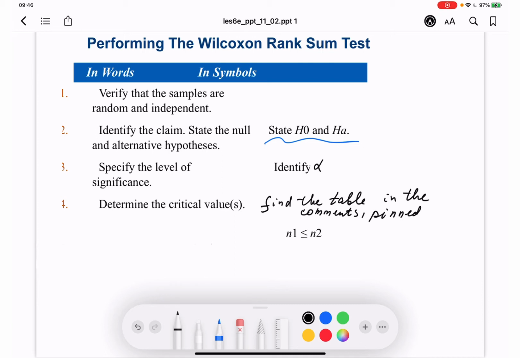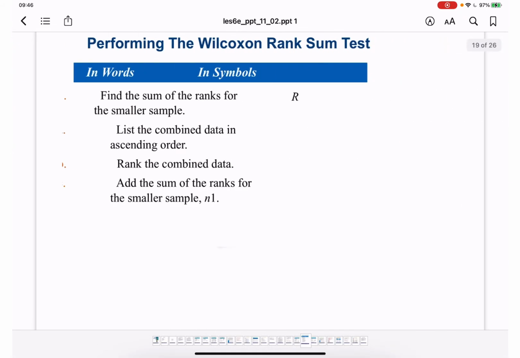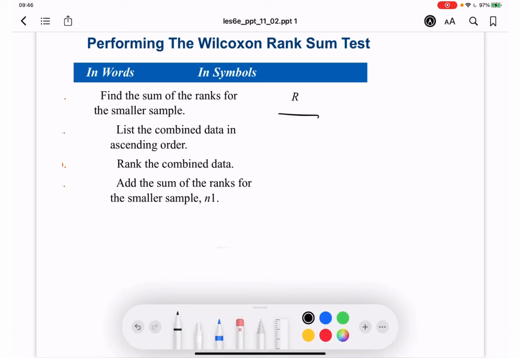Once we determine the critical values, we find the sum of ranks for the smaller sample, which is going to be our R. Next, we list the combined data in ascending order. So we mix up both samples and write them down in ascending order.